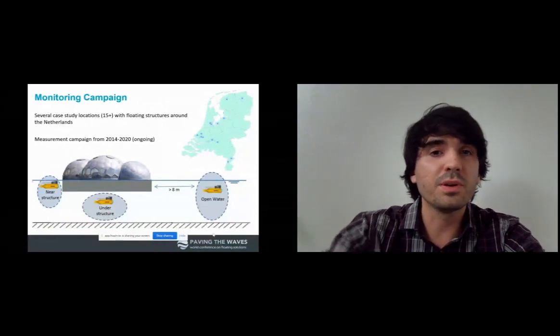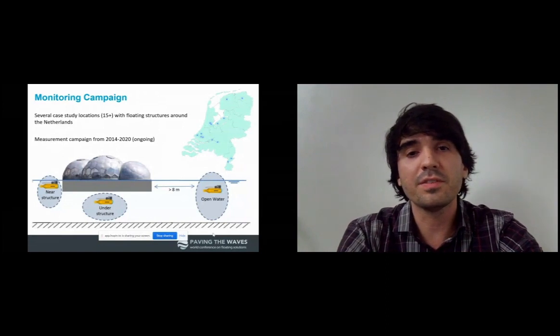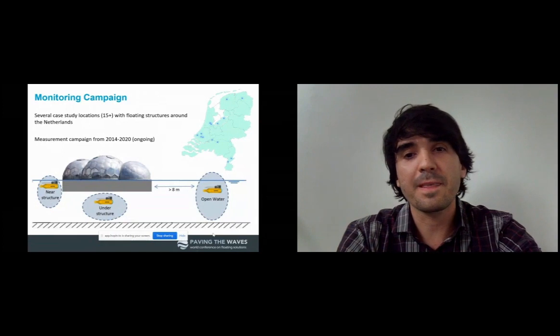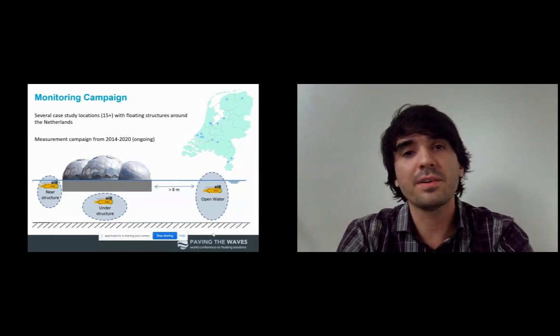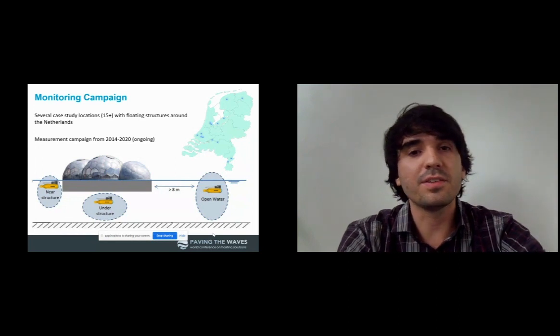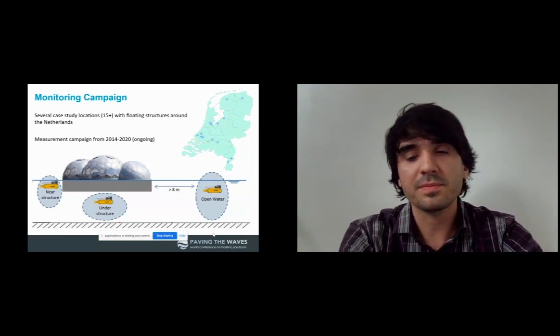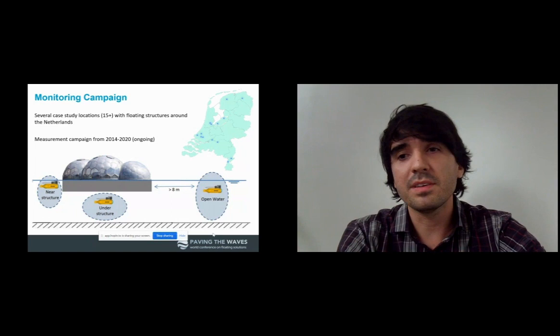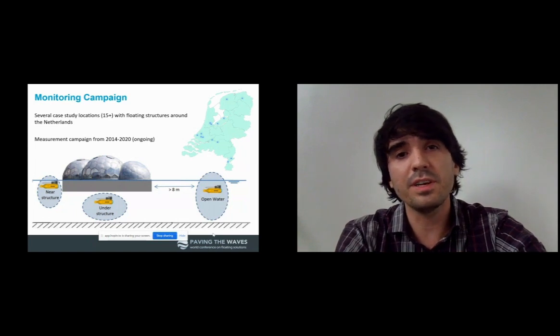Then we sailed further away from the floating structure to the open water to get some data to compare with, so we can see if there are differences between one place and the other. As I mentioned, we started this measurement campaign in 2014, so we've been busy with this for several years.